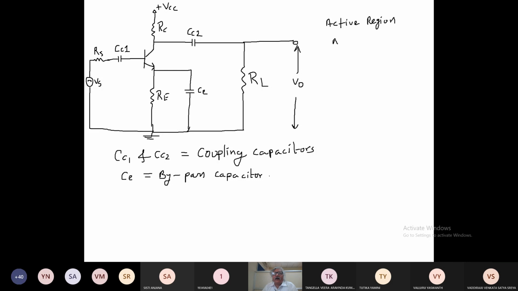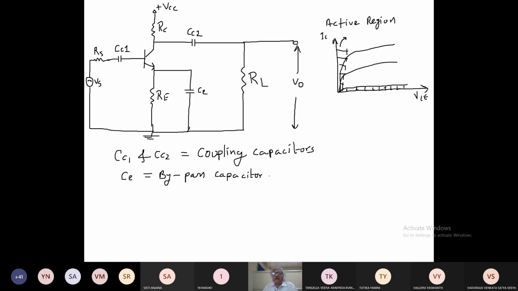If you remember the output characteristic of a transistor, here it is IC, on the x-axis it is VCE, right? This type of curve you will find. So here this is the cutoff region, and here this region is the saturation region.